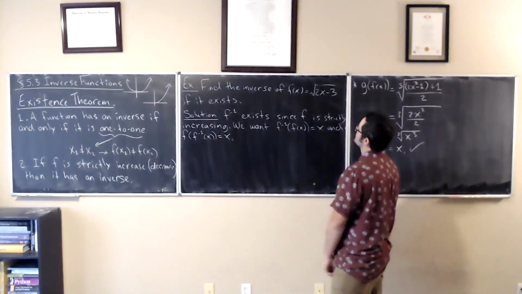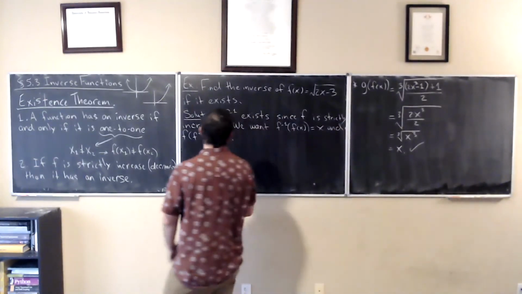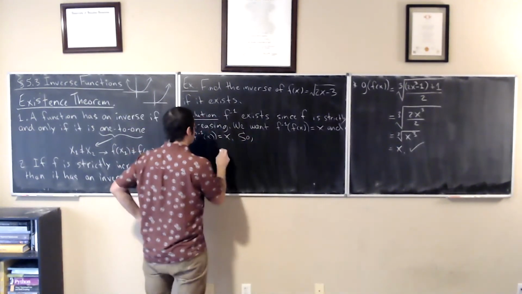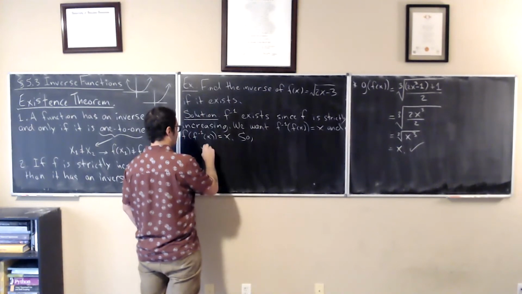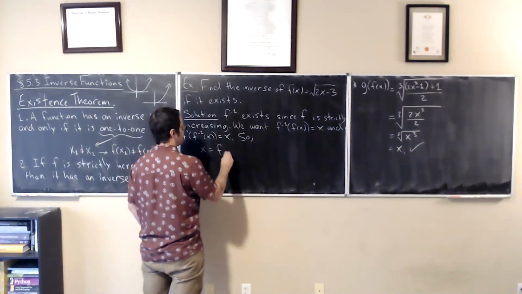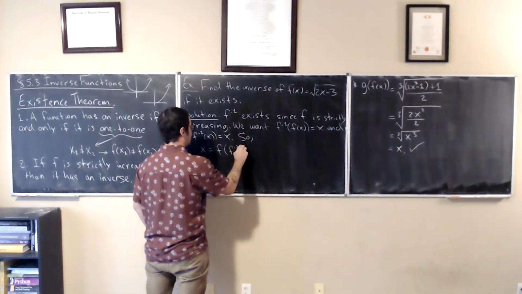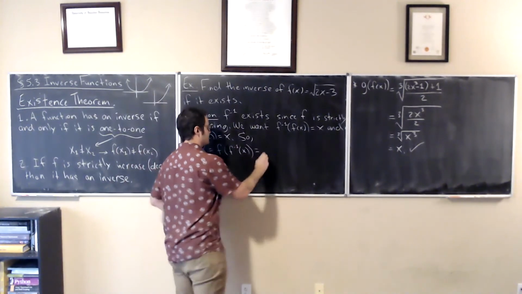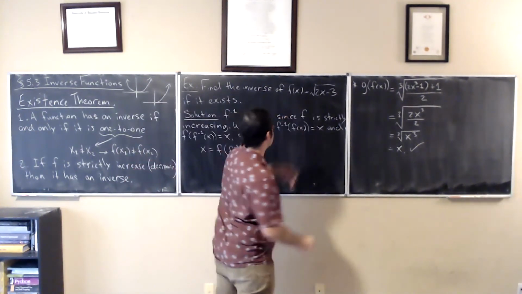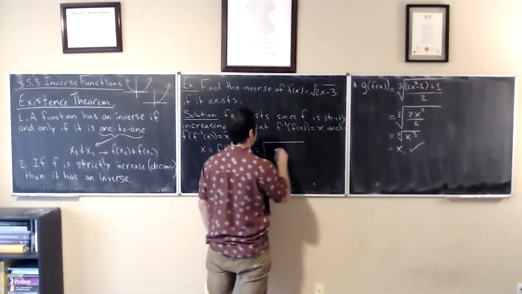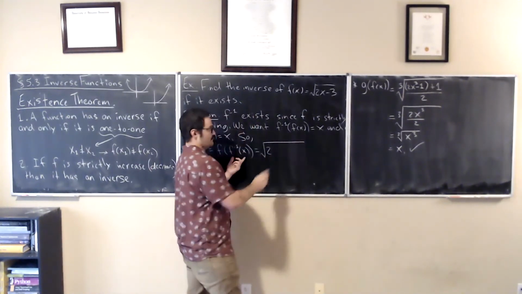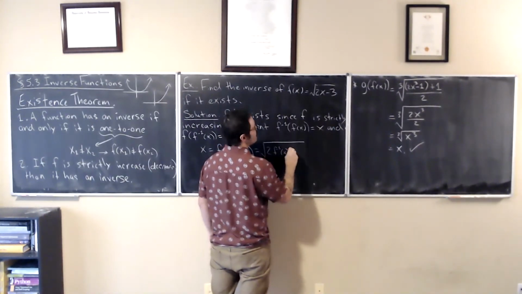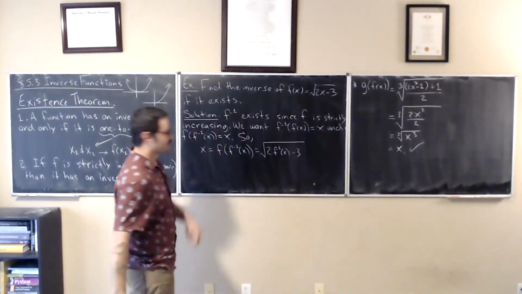So in particular, we want x equals f evaluated at f inverse of x. But what is this composition here? It's the square root of 2 times f inverse of x minus 3. So now look at what we have.